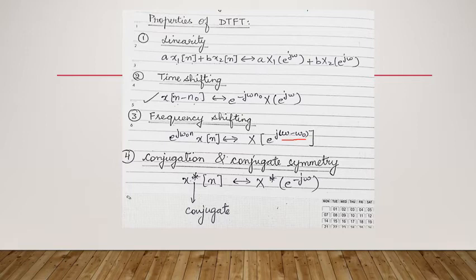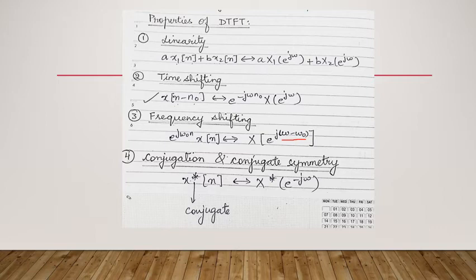The fourth property is the conjugation and conjugate symmetry property. This is a very interesting property. All of you might know how we take conjugates of complex numbers. Suppose we have a signal x(n). Its conjugate is denoted by x star of n. So its transform is given by capital X star e raised to the power minus jω.